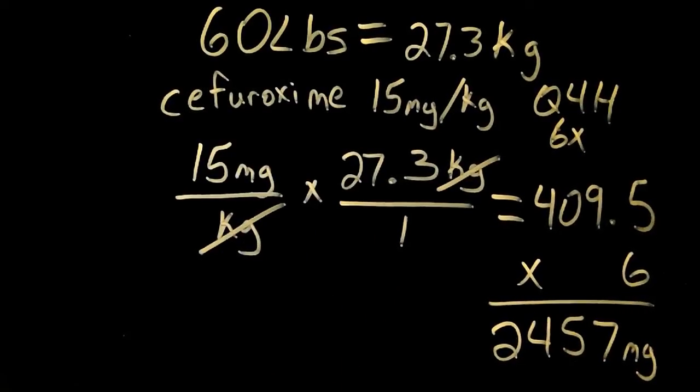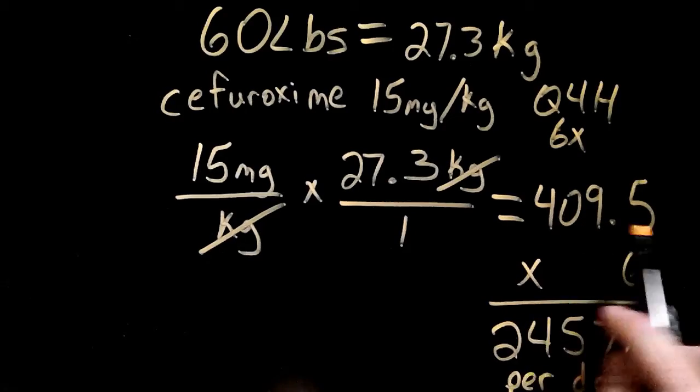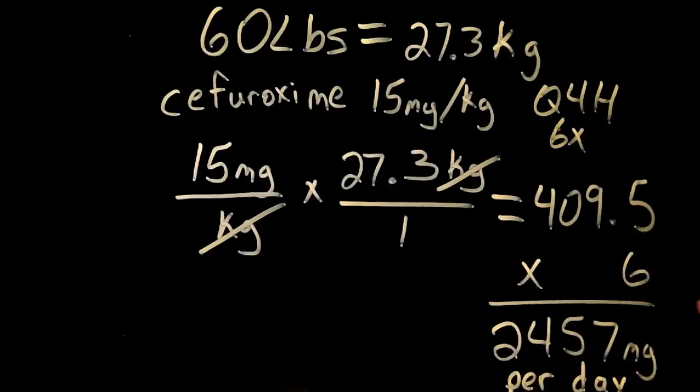So it's 2457 milligrams per day. I'll just write right there, per day. And that's your answer to that one. Now remember, they're only going to be getting 409 per dose, but this dose is going to happen 6 times a day because they're getting it every 4 hours.